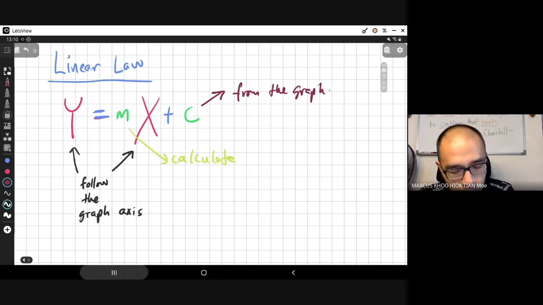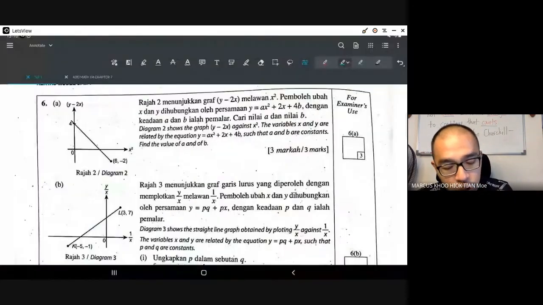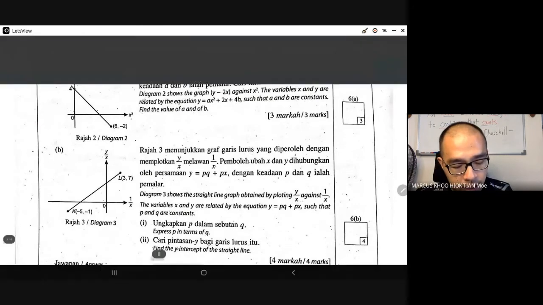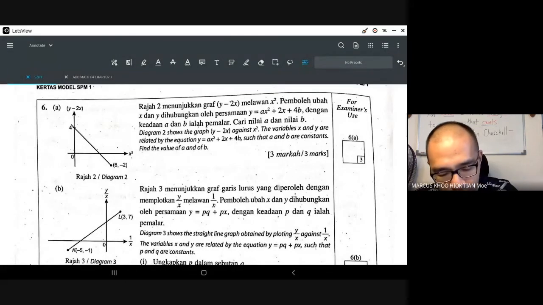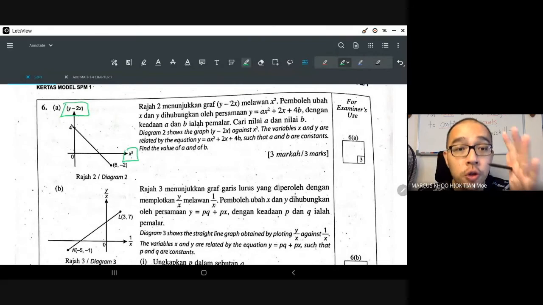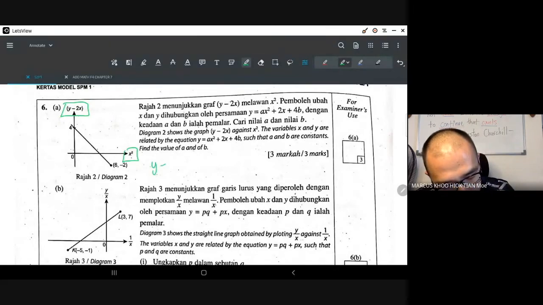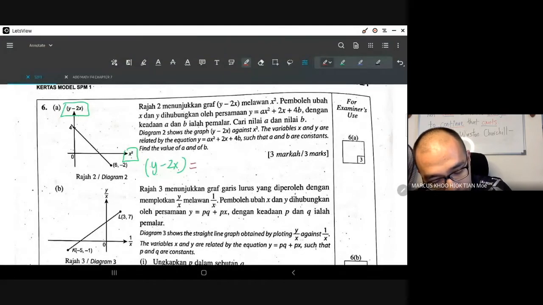Okay, so let's take a look at this straight line graph. Graph A first. Tell me what the y-axis is given, what the x-axis is given. So you know y minus 2x equals to m times x squared plus c.